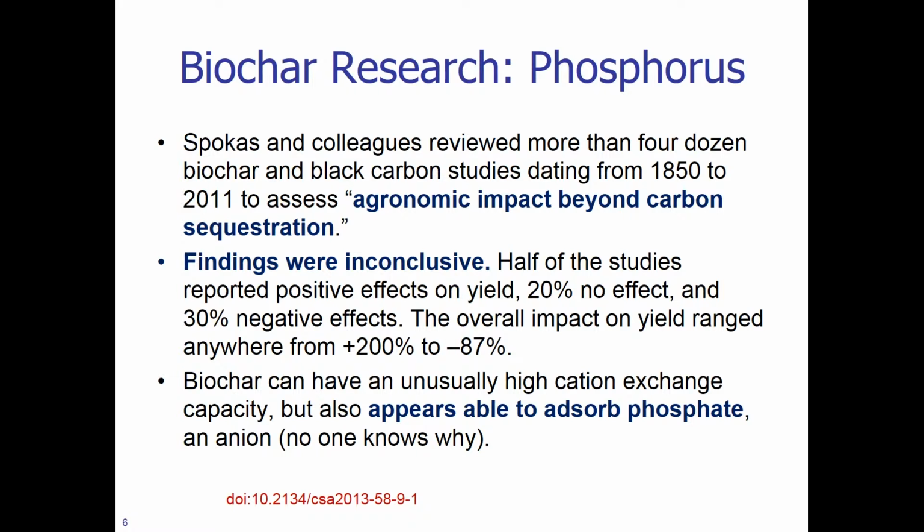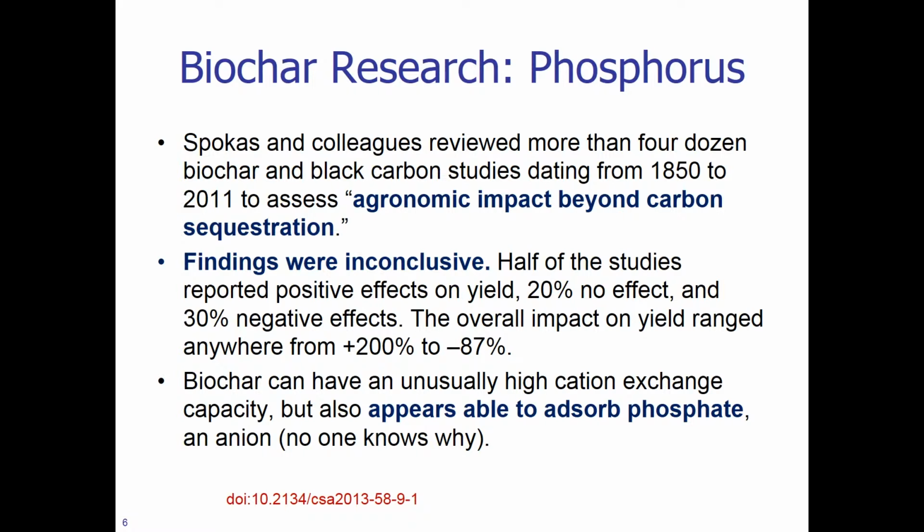But you notice that the findings were inconclusive. Half of the studies reported positive effects on yield, 20% no effect, and 30% negative effects. So the overall impact on yield ranged anywhere from plus 200% to negative 87%.